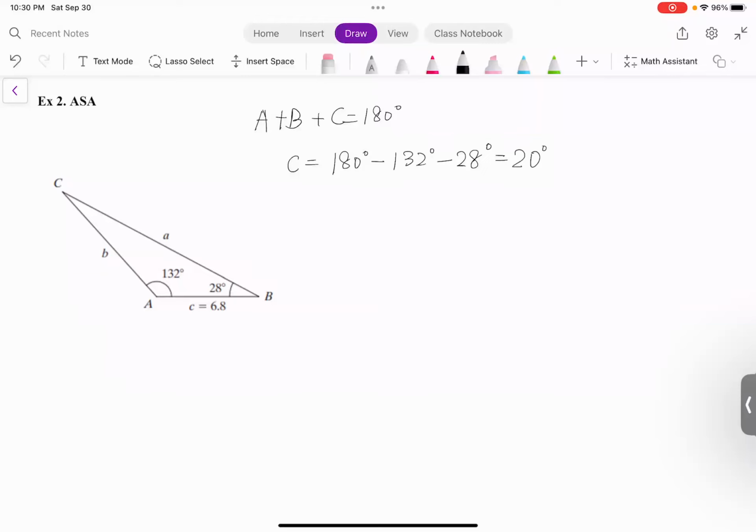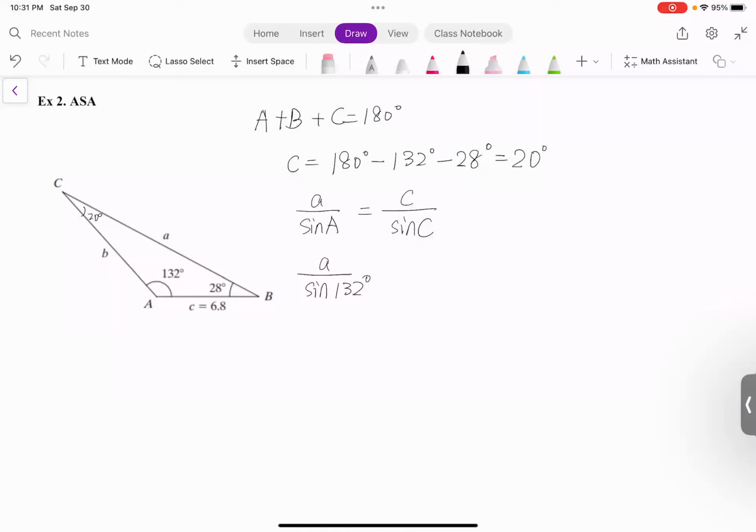And now I know this is 20. So I know the opposite of the C, which is 6.8. I can list the relationship between A and C. So we say A over sine A equals c over sine C. Let's put all the information in it. So A is unknown, but I know the angle A. Angle A is 132.